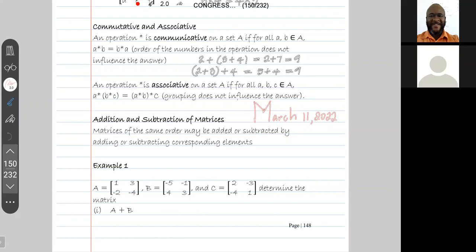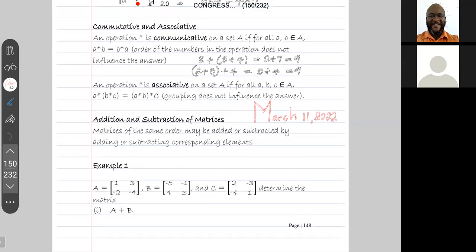And when you're adding two matrices, you add or subtract corresponding elements. The word corresponding there means in the same position. So you're going to add and subtract the elements which are in the same position.